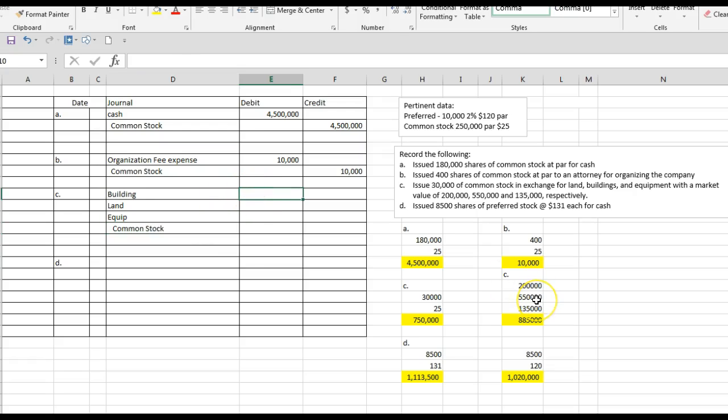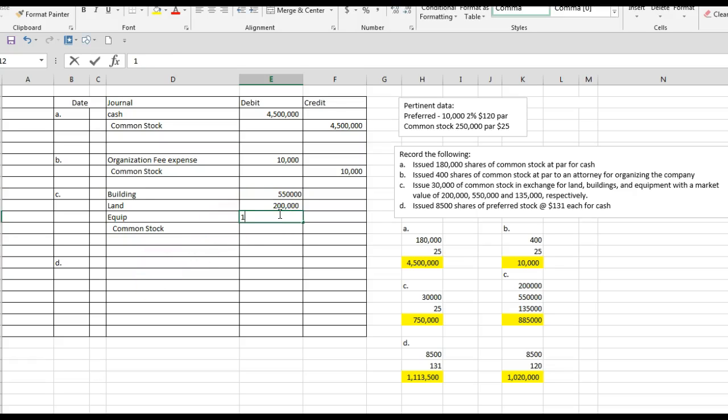So now we have buildings for 200,000. I got mixed up. Land is 200,000. This is 550,000.